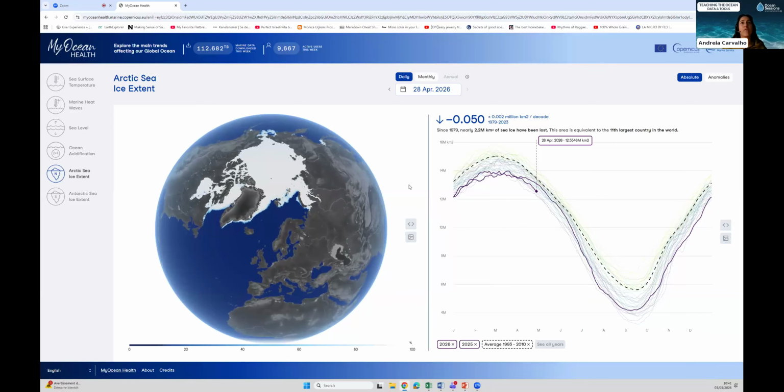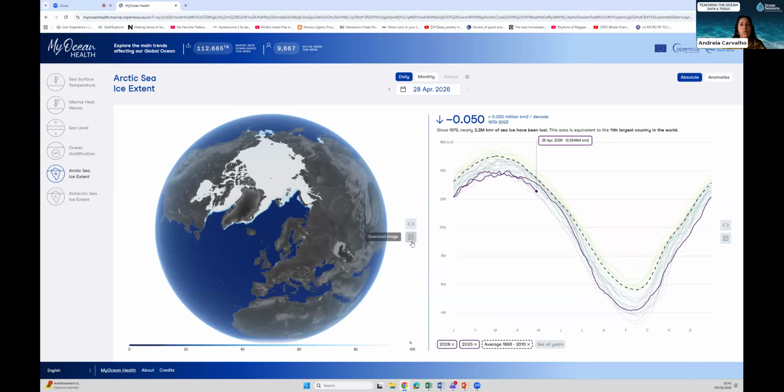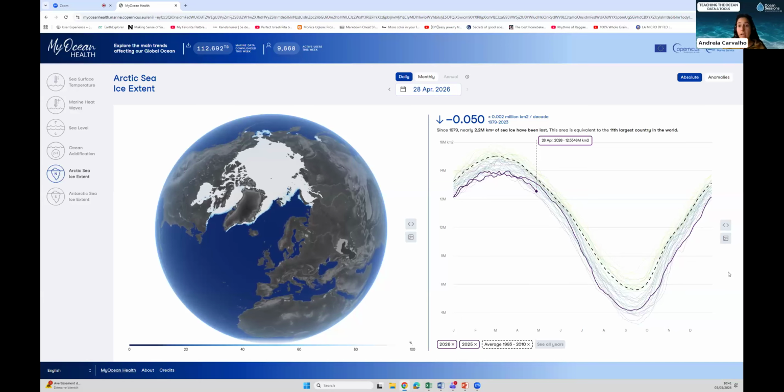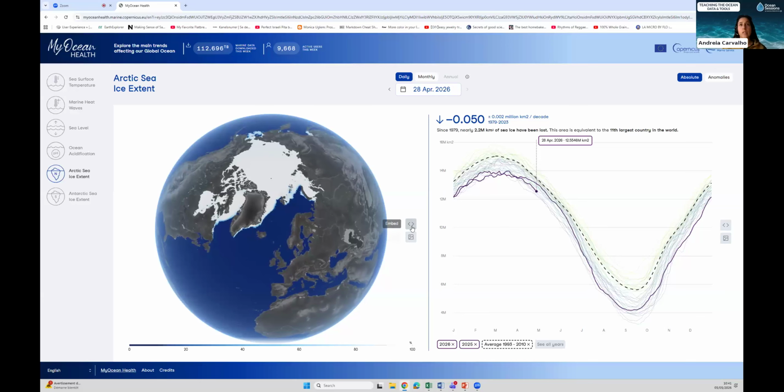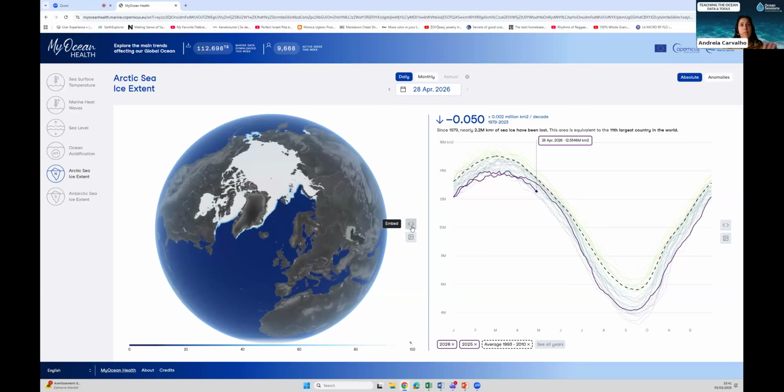And another very useful feature of this new tool is that you can download an image of both the globe and the graph. So you can use them to illustrate whatever you would like, an article or a web page, but you can also integrate these two materials individually on a web page as well.